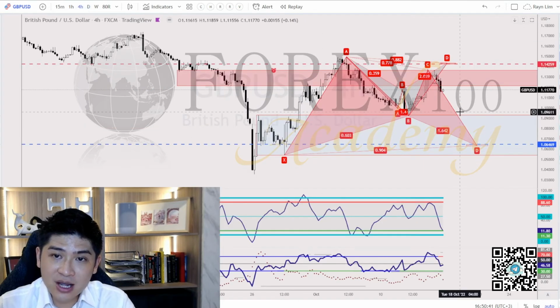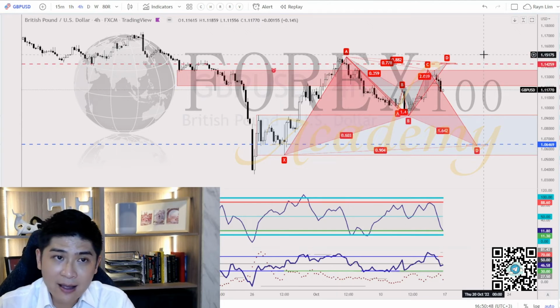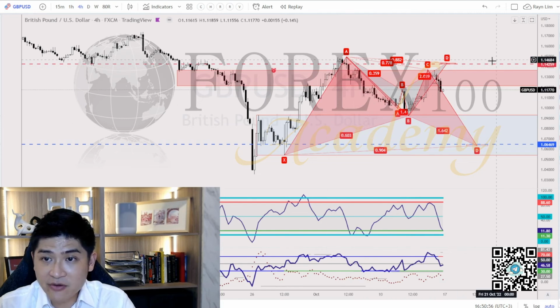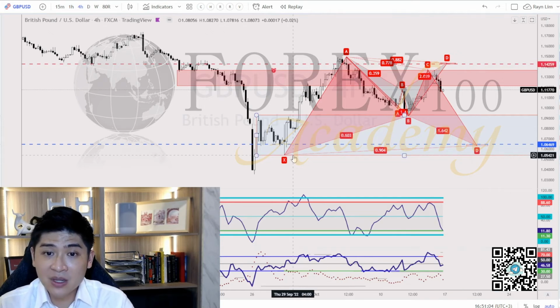To the 4-hour chart, you know that I usually keep my analysis very clean, meaning you only get to see one, because I understand that some of you are not my students, so you will not get regular updates like them. So these are the two possibilities. A bearish shark pattern may complete at 1.1435, although I don't find that there's a high chance of it happening.